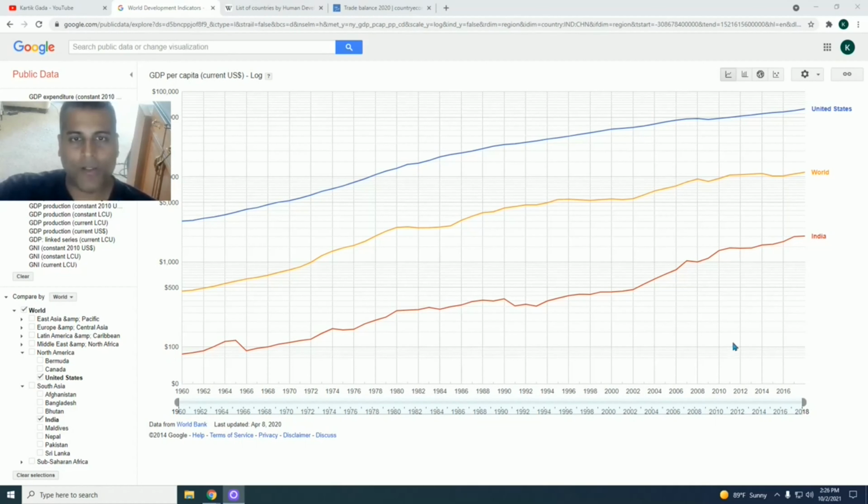So this does not look like a high growth economy when it is no closer to the world average than it was 60 years prior, and no closer to the United States than it was almost 60 years prior either. So that already punctures the myth that India has ever been some high growth economy. Whatever recent rapid growth occurred was only to get it back to where its natural steady state was meant to be.